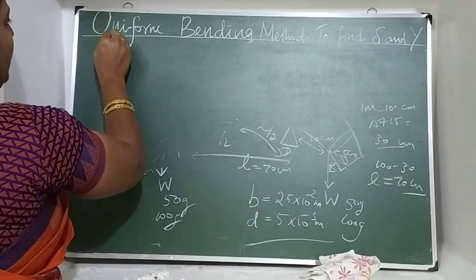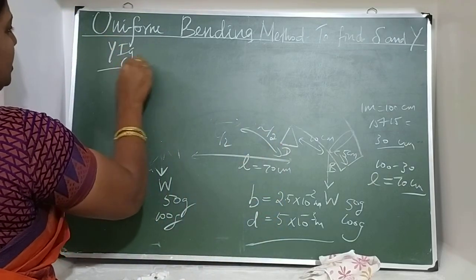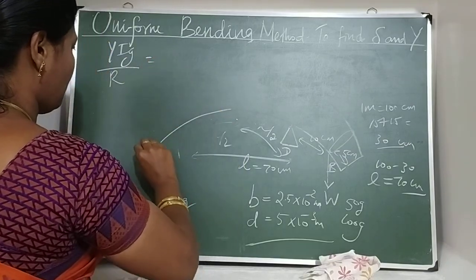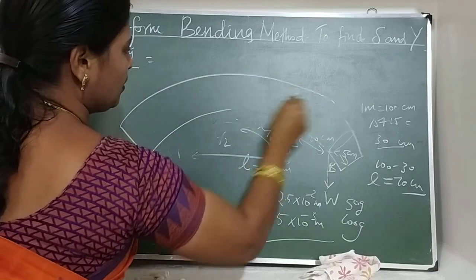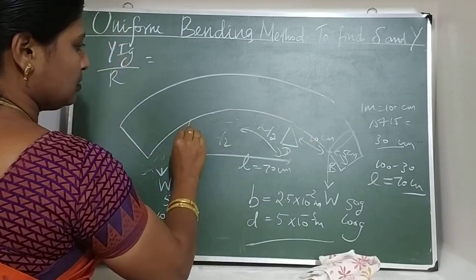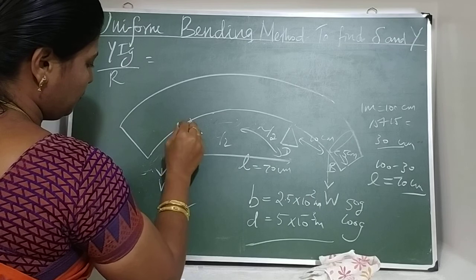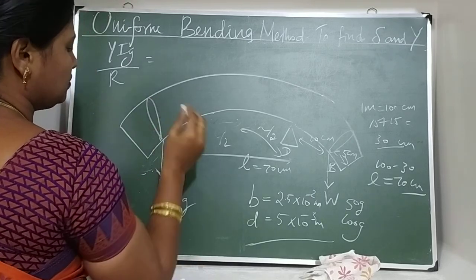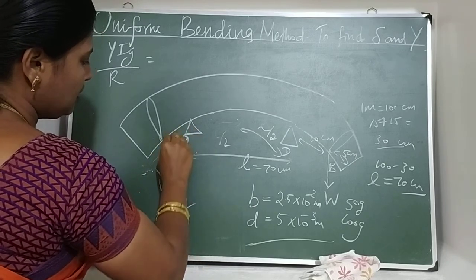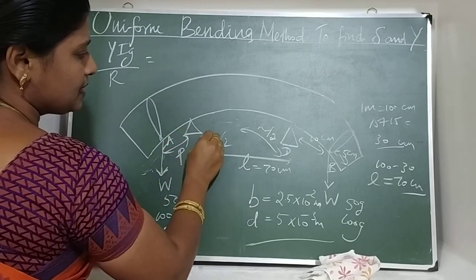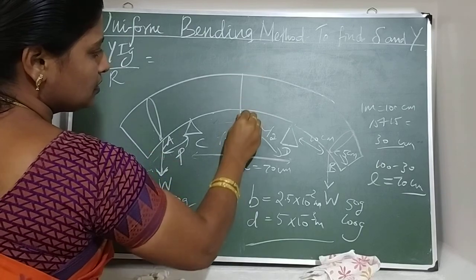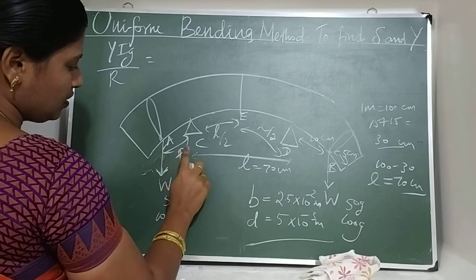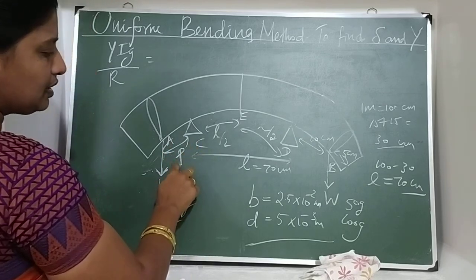Next, bending moment: Y I_g by R equals Y I_g by R. At the knife edges you apply the load. So we can get the same for the unknown value P. This was C, and this was A and C. This distance P is analyzed.